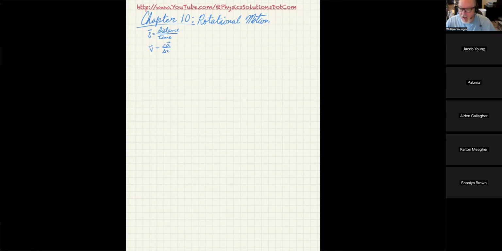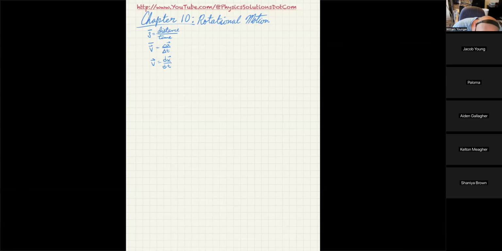Remember, that's a change in displacement. Specifically, it's a vector that points to the final point minus a vector that points to the initial point. You subtract those two and then divide by the time taken, and that gives you a vector quantity that is the average velocity. And we could say, in fact, that the instantaneous velocity was dx over dt, at least in that one-dimensional motion. But in three dimensions, we call it dr dt like we did just then.